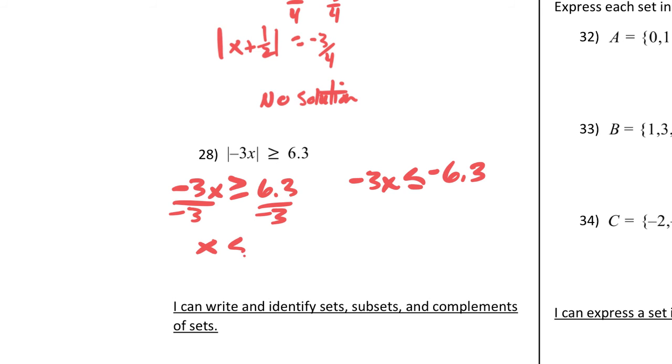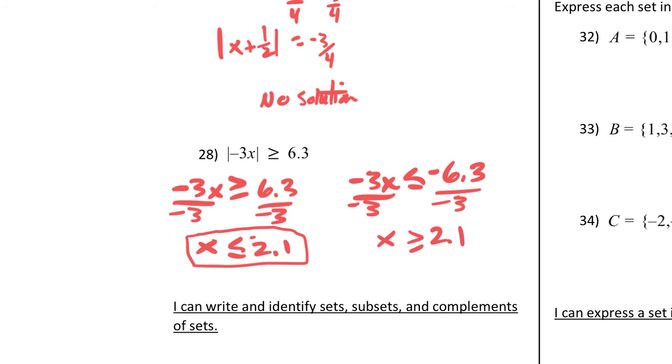So x is less than or equal to, what, 2.1? And then divide this by negative 3. And x is greater than 2.1. Actually, okay, or equal to, right? I forgot actually negative right there, so that makes a big difference. It's smaller than negative 2.1, and it's bigger than regular 2.1. Okay, that's good.